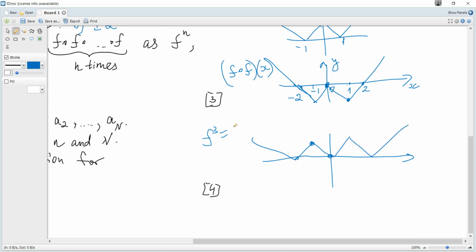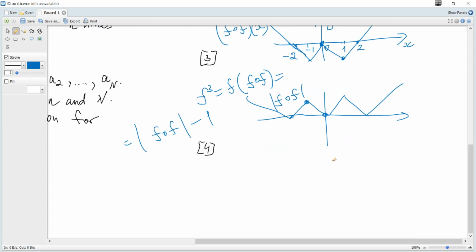So f3 is f of f of f, and we need to plot the absolute value of f of f minus 1.